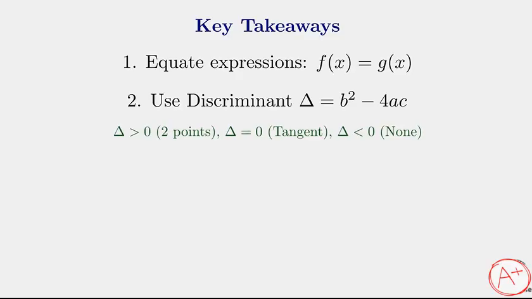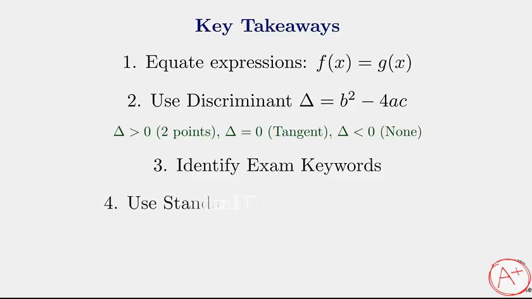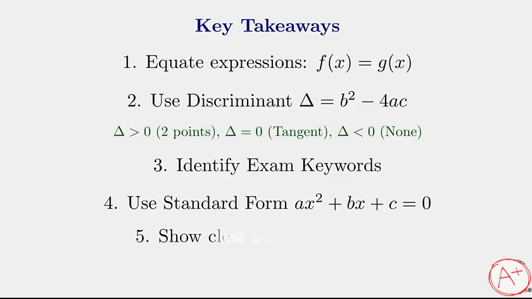Third, in the Cambridge 9709 exam, look for keywords like tangent, distinct points, or does not meet to decide which discriminant condition to apply. Fourth, always simplify your combined equation into standard form before identifying your a, b, and c values to avoid common sign and coefficient errors. Finally, keep your working clear and show every substitution step to maximize your marks on the paper.